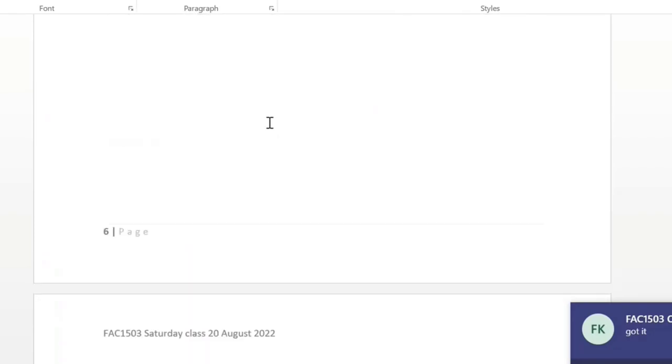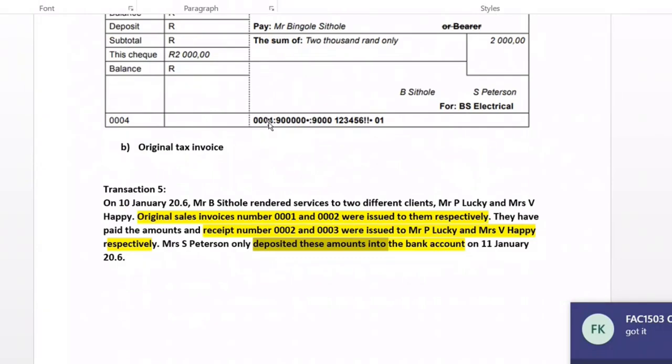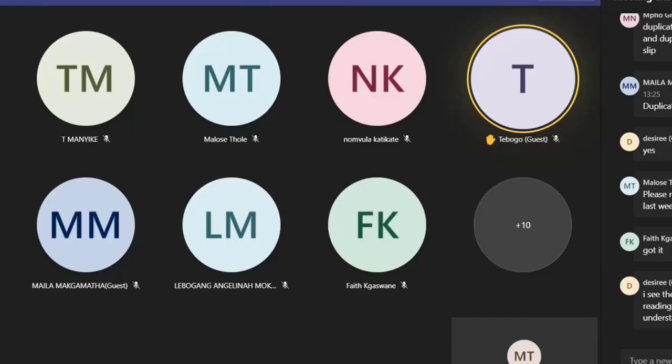Can you see? Duplicates, especially when it's a sale. We can't be having the original. We're issuing our clients with the original.